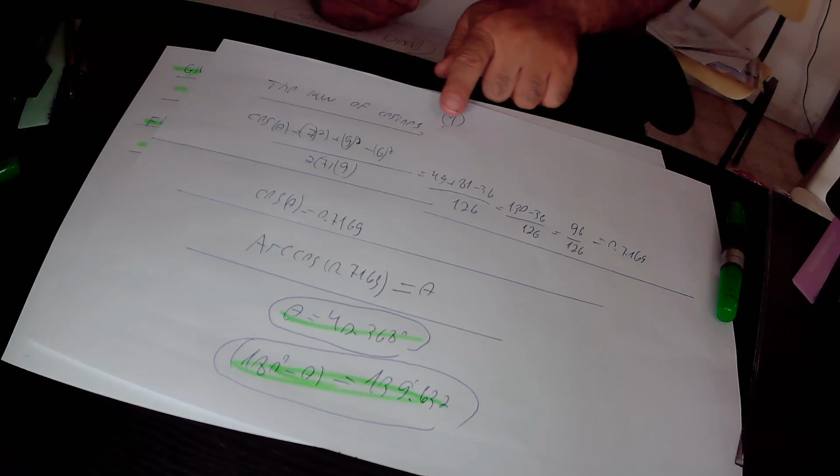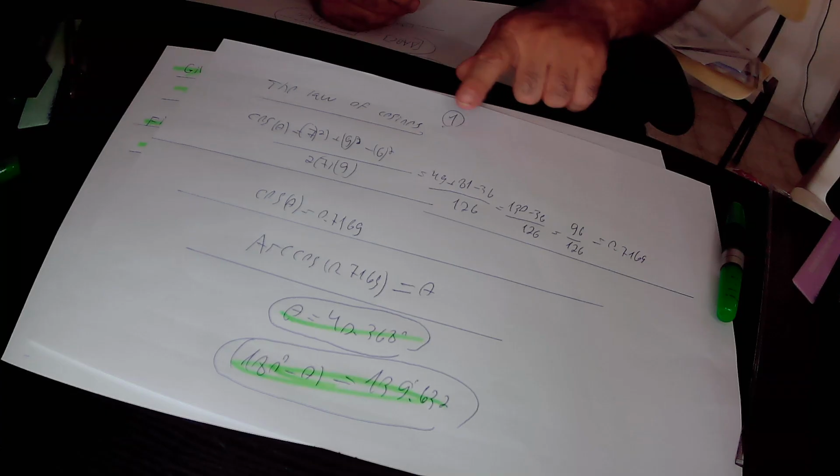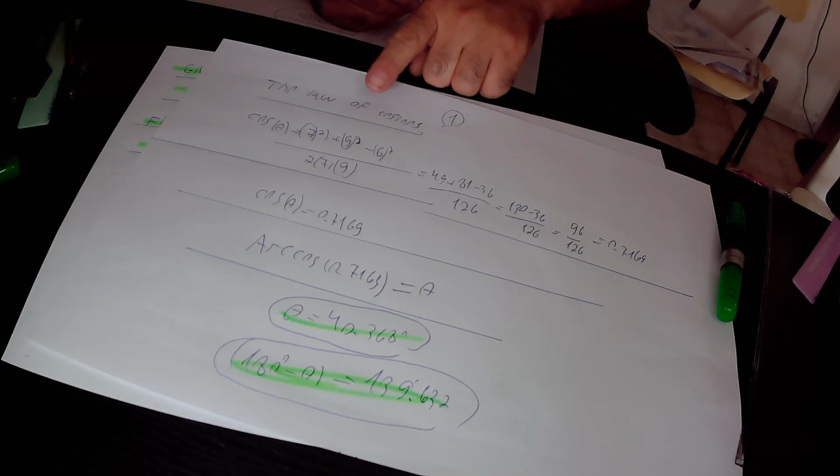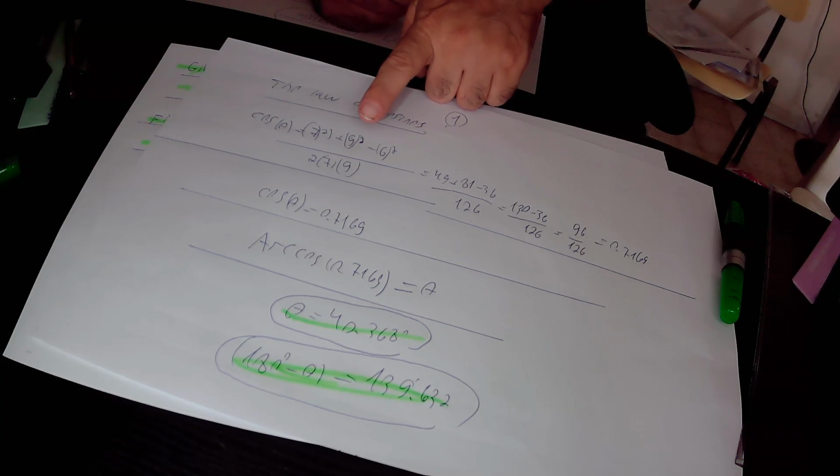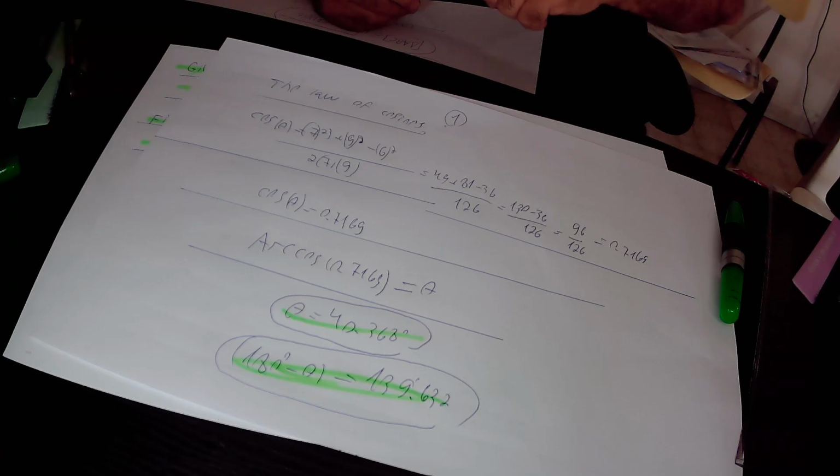7 squared is 49, plus 9 squared is 81, minus 6 squared is 36, over 7 times 9 is 63, and 63 times 2 is 126.